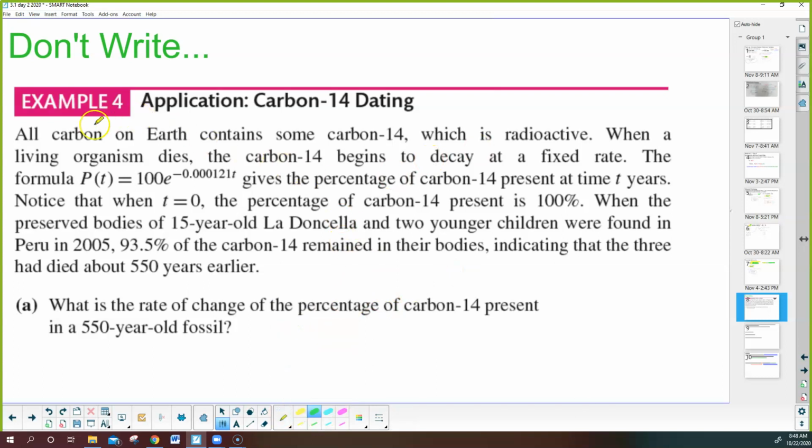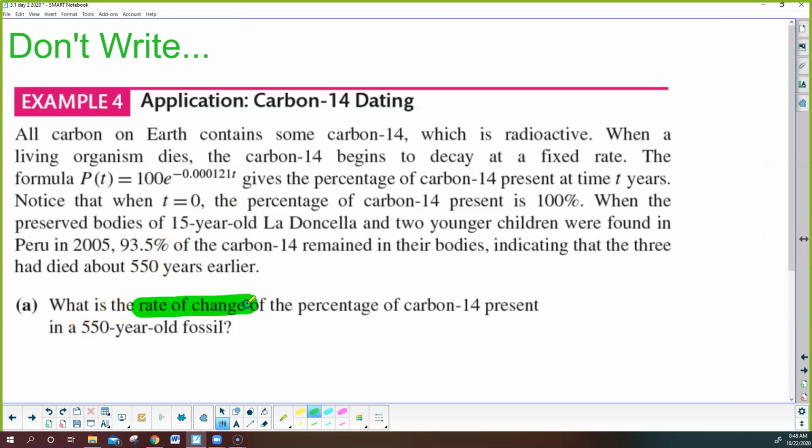So what I'm going to actually recommend you do, before you read anything, read the question. What is the rate of change of the percent of carbon-14 present in a 550-year-old fossil? Okay, so we've seen that word rate of change before.